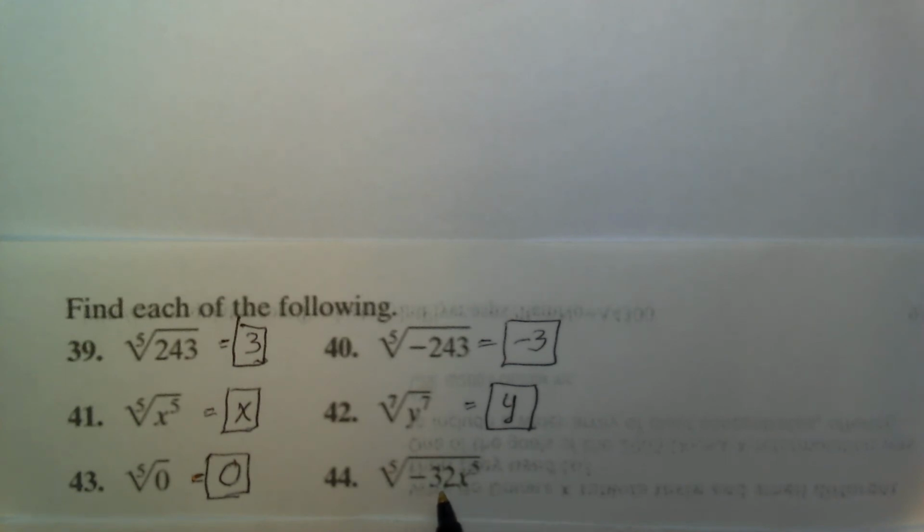And so here we can write this as minus 2x to the fifth power. And so we have the fifth root of that expression. So we know that that's equal to minus 2x.